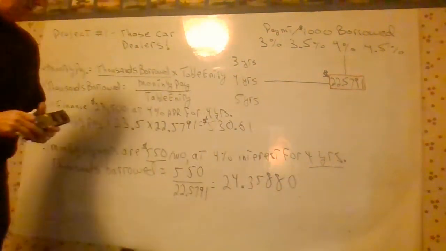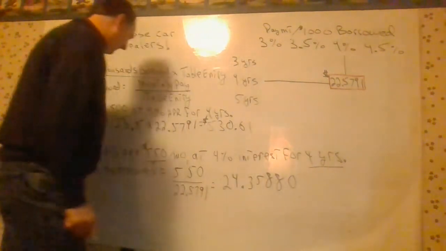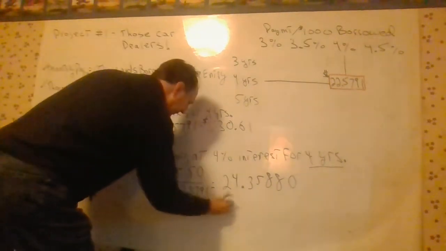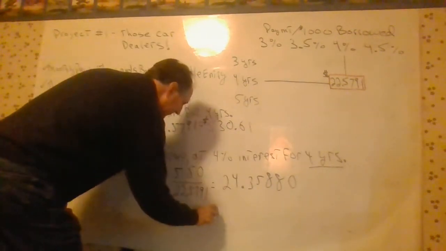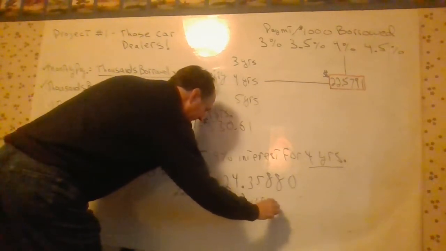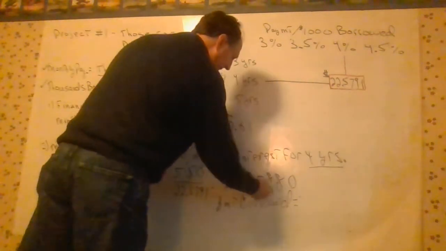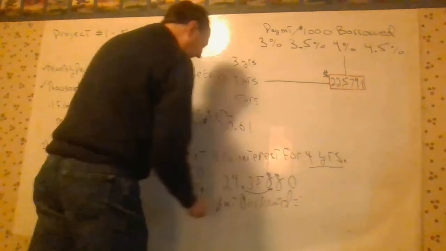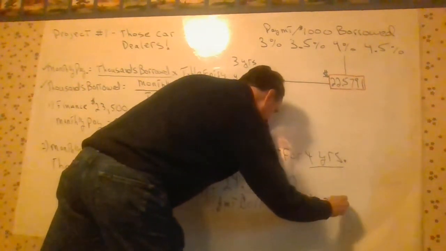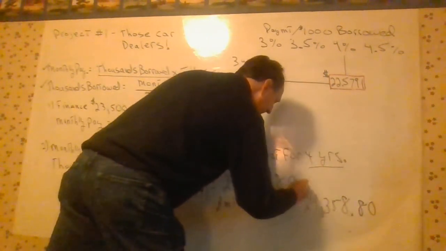24.3580. Now keep in mind this is thousands of dollars. If you want to convert this to dollars, you would say the amount borrowed, you can simply multiply this by 1,000 or just move the decimal point over 3 places, and it would be $24,358.80.